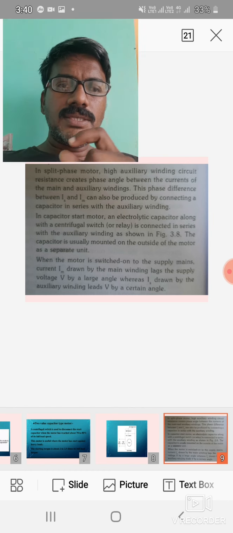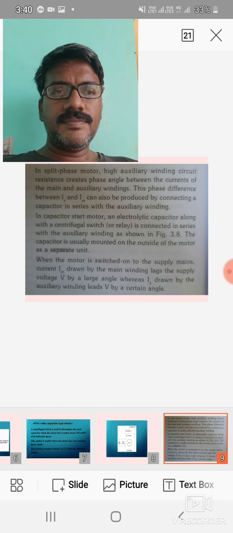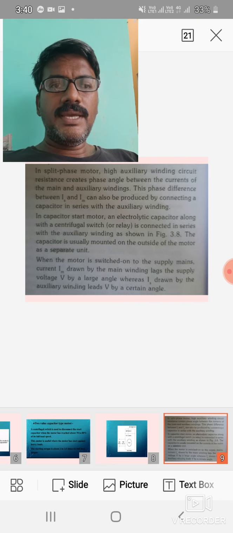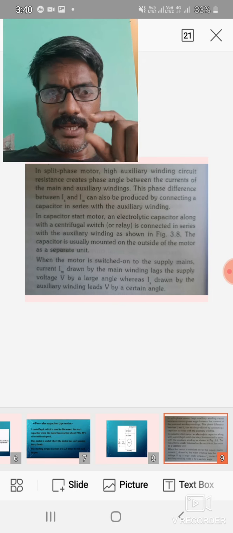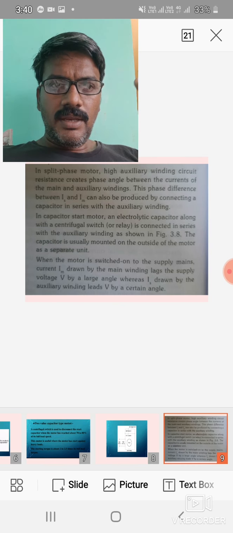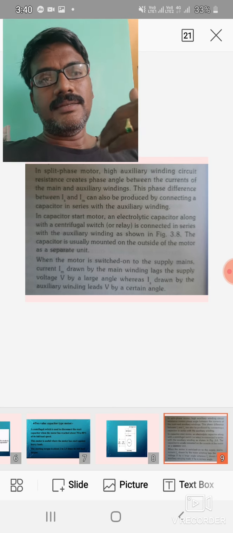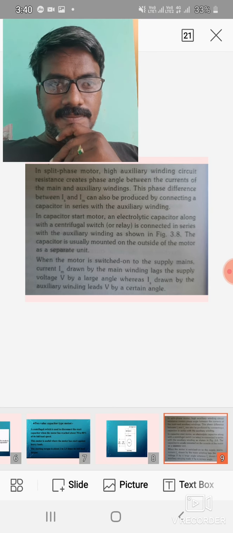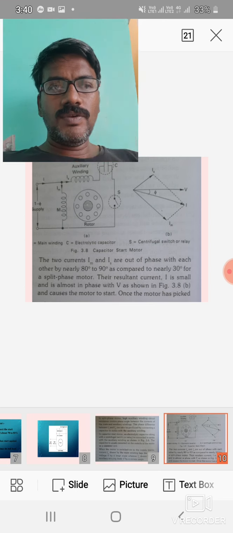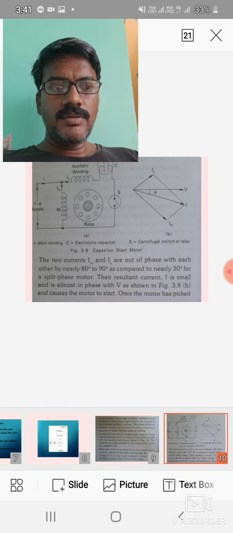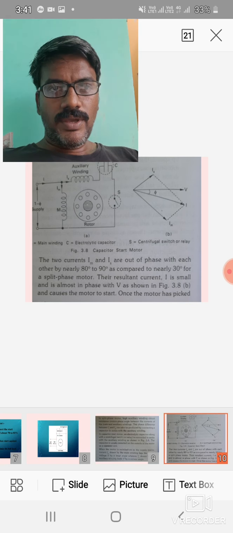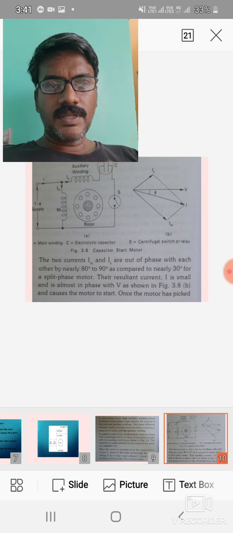Whereas Is drawn by the auxiliary winding leads V by a small leading angle. So we can observe in the slide that Is is above V and Im is below the V vector.